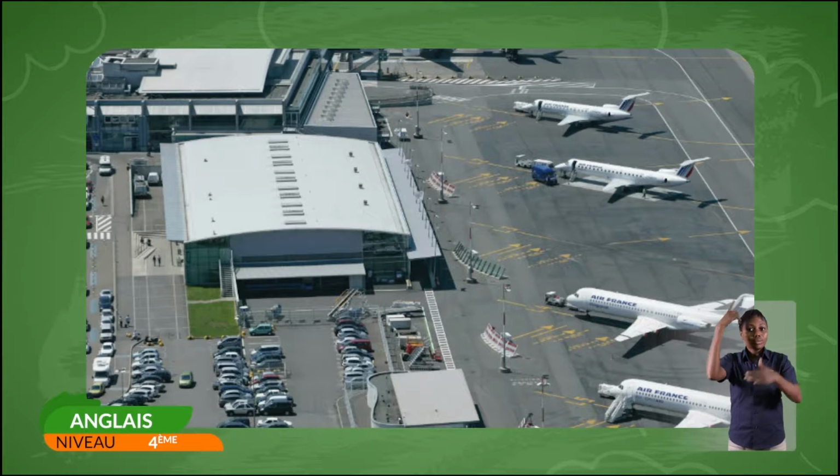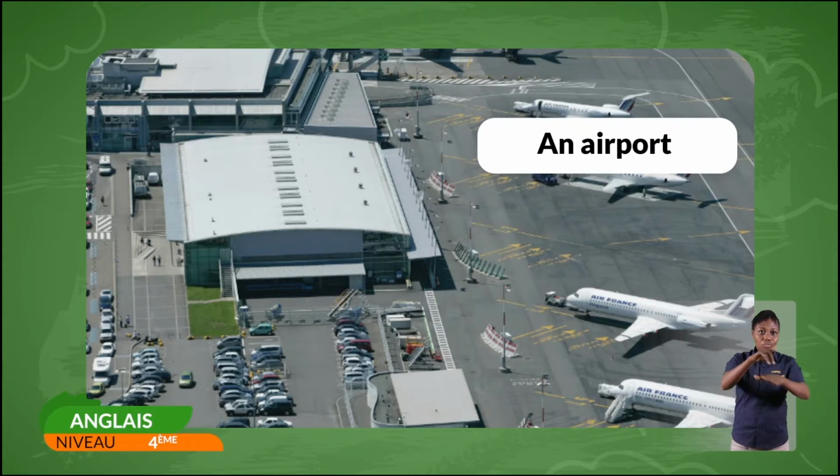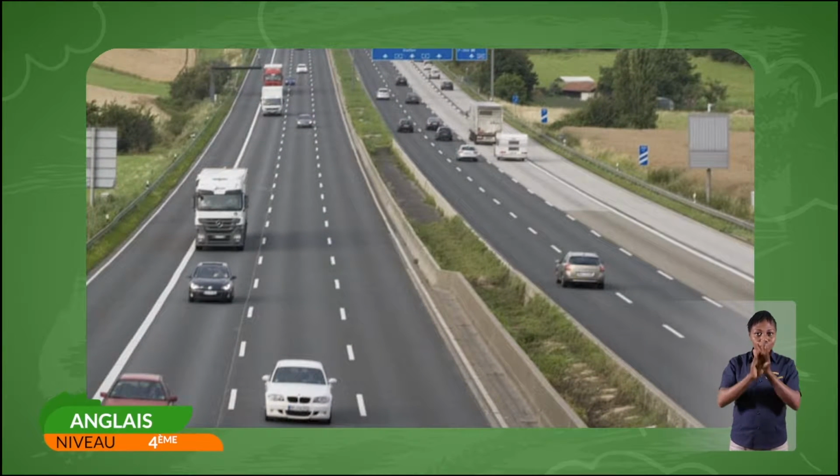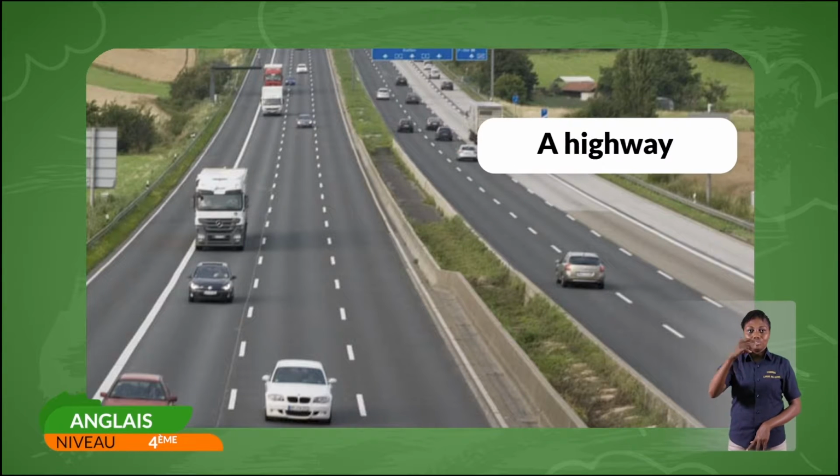Planes are what you can take to travel, to go to Europe, etc. And this picture describes an airport. Okay, airport. Now, in picture 3, you have roads and cars. So you can see some cars coming and others going. It's a big road. Okay, this is called a highway. Okay, a highway.